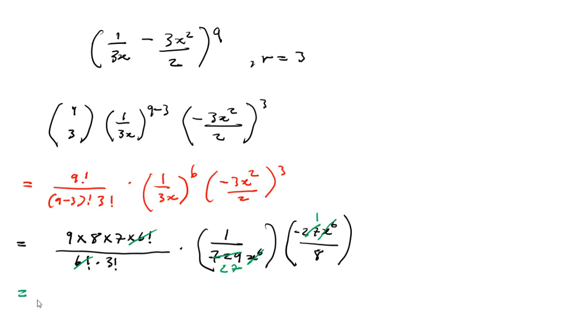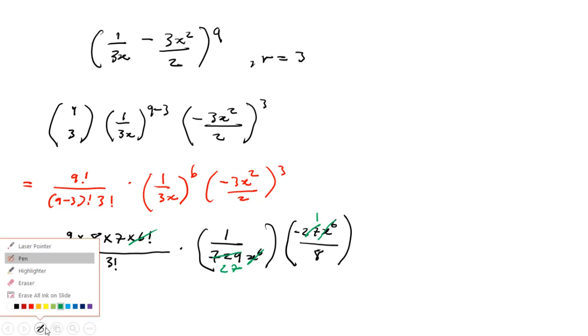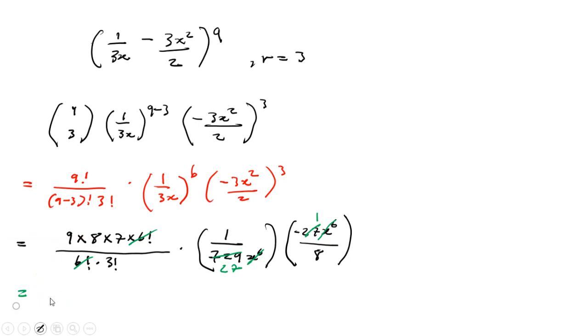But let's go back to this other part. Here you can simply say 9 times 8 times 7, then over, remember, you don't have a calculator, 3 times 2 times 1.